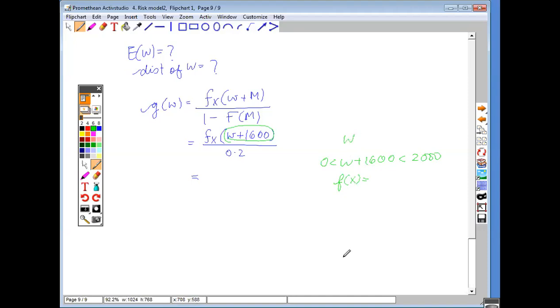W is the claim to the reinsurance company. So another condition that we have for W is that it has to be greater than 0 always, right? Because it is the claim amount for the reinsurance company. Keeping this in mind, if this happens, then my f of x takes what value? What should I write here?